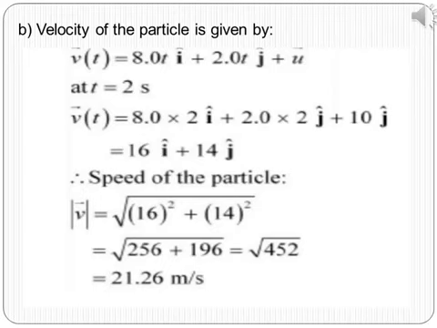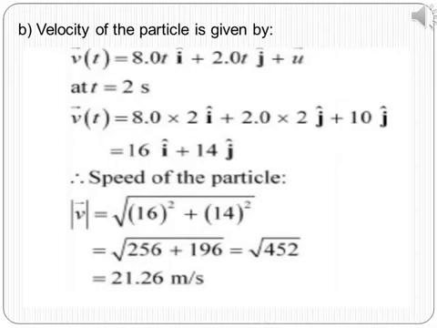And B, we have to find the speed of the particle at the same time. The velocity of the particle is given by v(t) equal to 8t i cap plus 2t j cap plus u. When the time t is equal to 2 seconds, the velocity vector v is equal to 8 into 2 i cap plus 2 into 2 j cap plus 10 j cap, which is 16 i cap plus 14 j cap, the velocity of the particle at time t equal to 2 seconds.